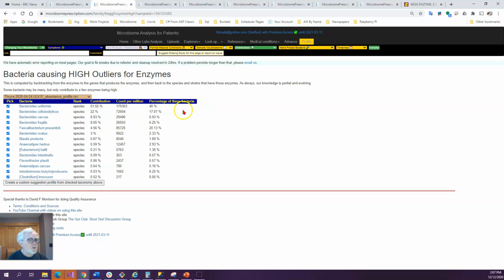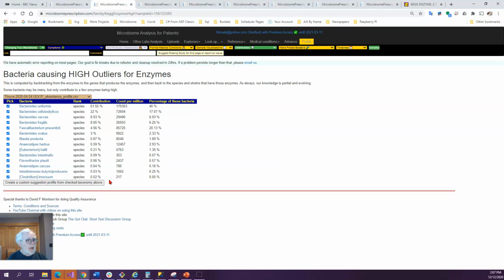And what we have over here is two numbers. Of all of the bacteria here added together, this accounts for 40%, but its impact on the number of enzymes that are high is much more, 52%. Other ones which we have, here this accounts for almost 3% of the bacteria, but its impact is very small, only 0.6%.